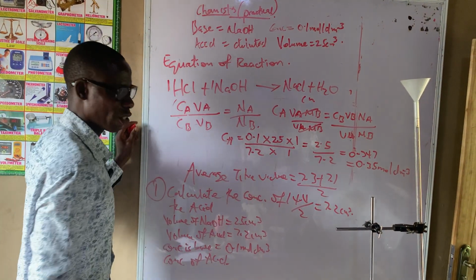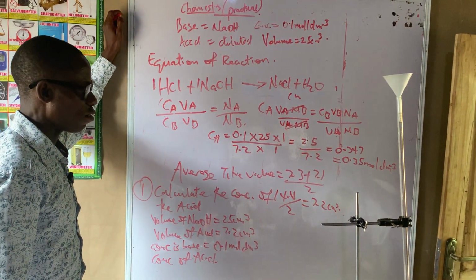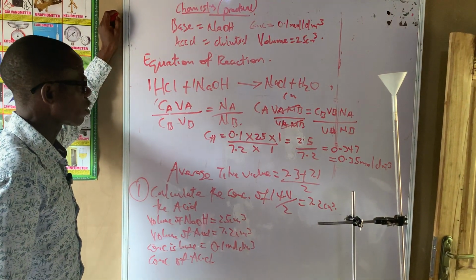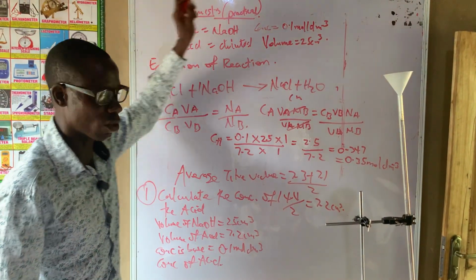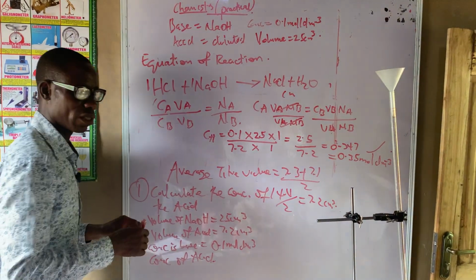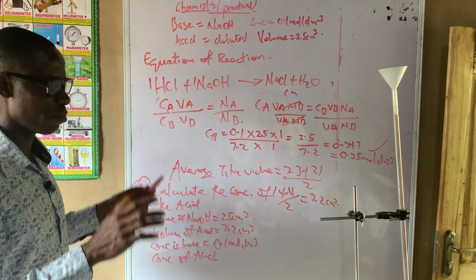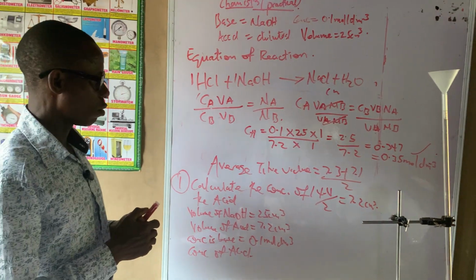That is the concentration of the acid. So it's 0.35 mole per dm cube. What is the concentration of your base? It is 0.1 mole per dm cube. So this is what we are looking for. The concentration of the acid is 0.35 mole per dm cube. So that is what we have to calculate.